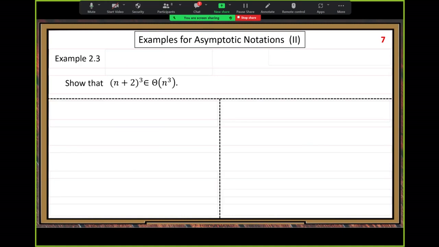This example also has two methods: the limit method and the definition method.